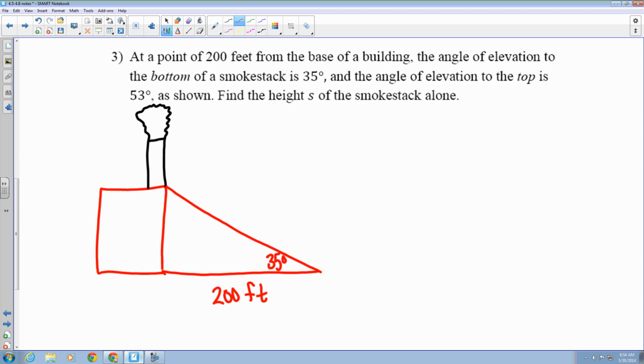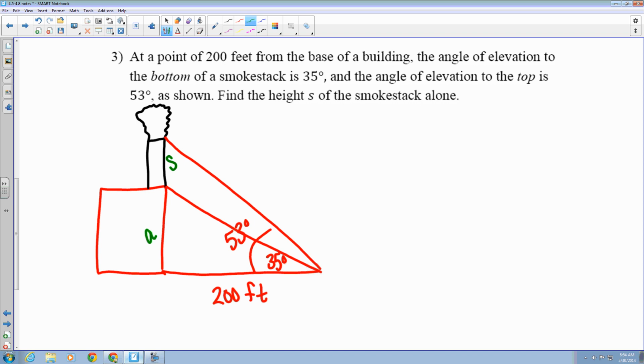And the elevation to the top is 53 degrees. Find the height S of the smokestack. So we have the height A of the building and S of the smokestack. We're just trying to find S.